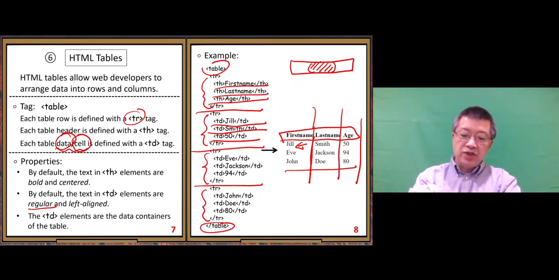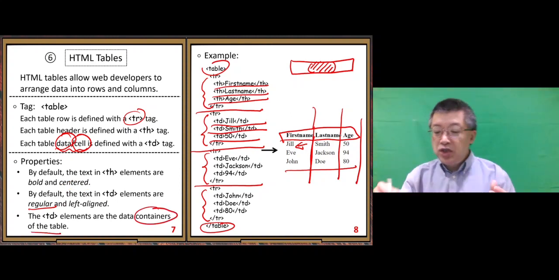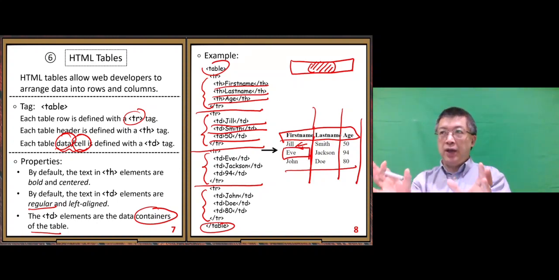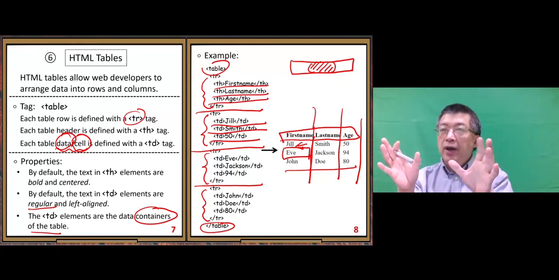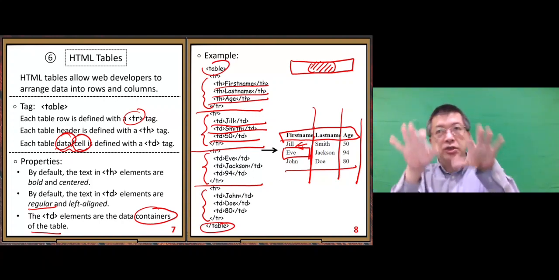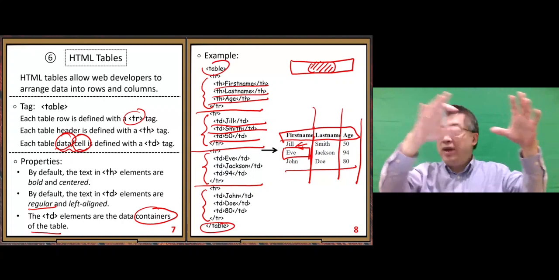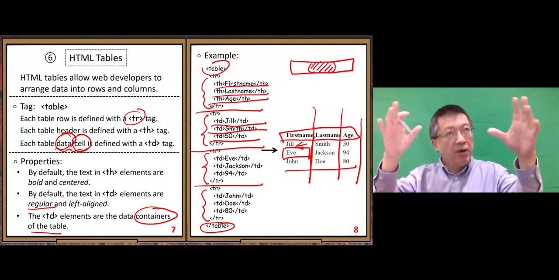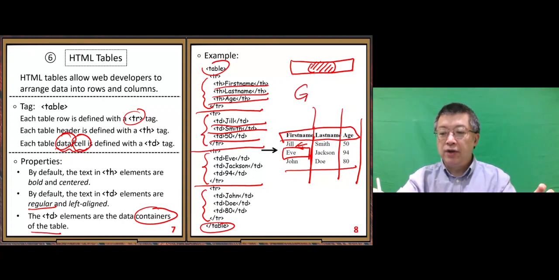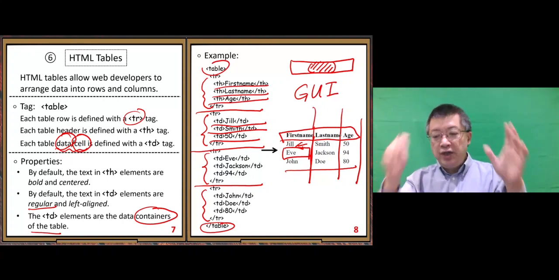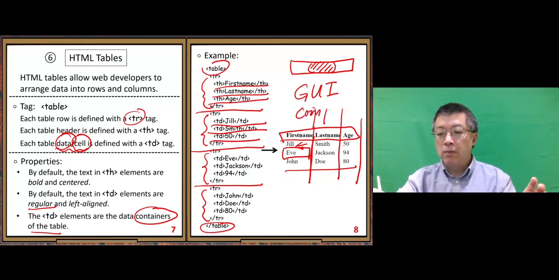The TD elements are the data containers of the table. Each TD, so this one cell, you can treat it as a container. If it's a container, you can place other elements in this container. That means you can put many different GUI components, GUI, graphical user interface, okay?